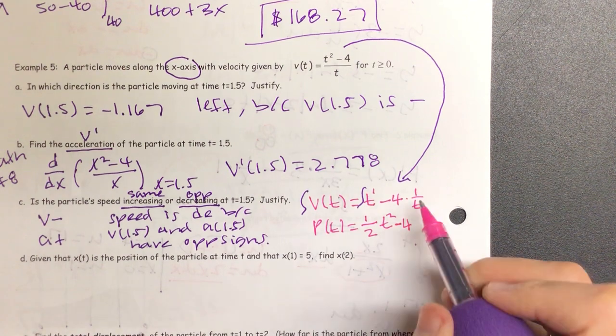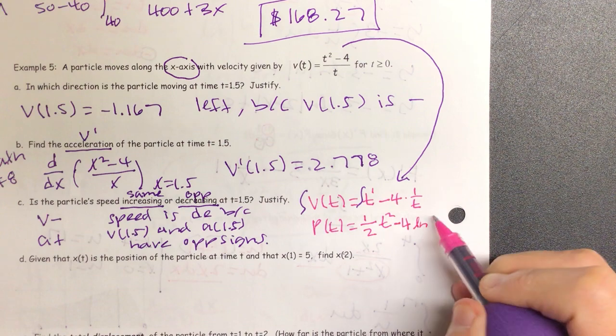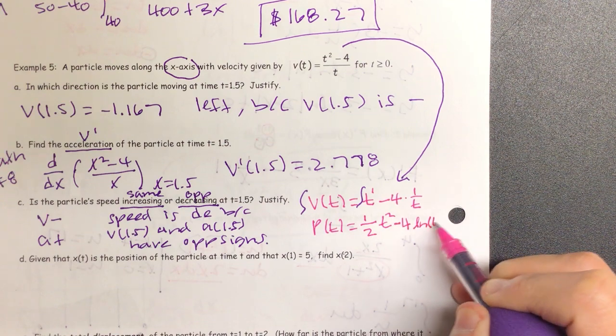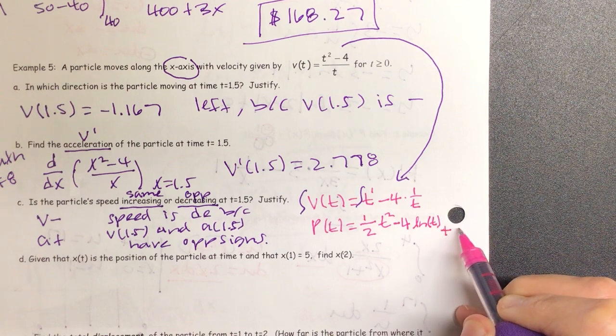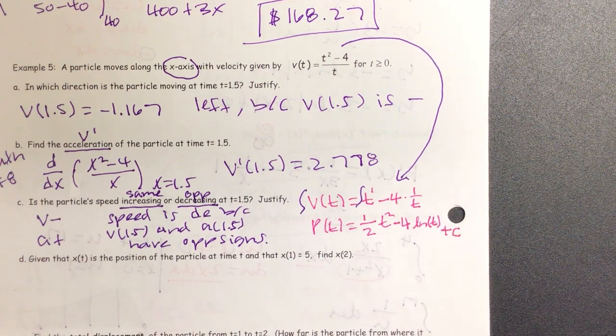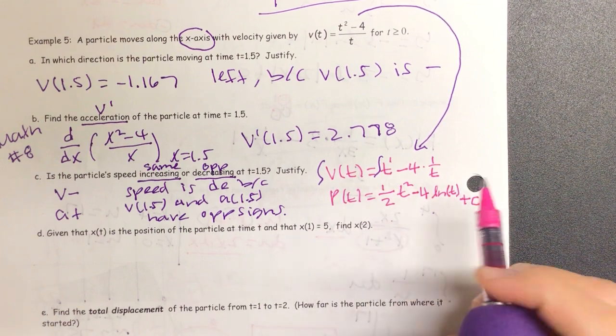When I integrate 1 over t, what did we do the whole time today? Natural log of t. And then plus what at the very end? C. Yes, it should be absolute values, but since my given values are already positive, I'm going to ignore that part.